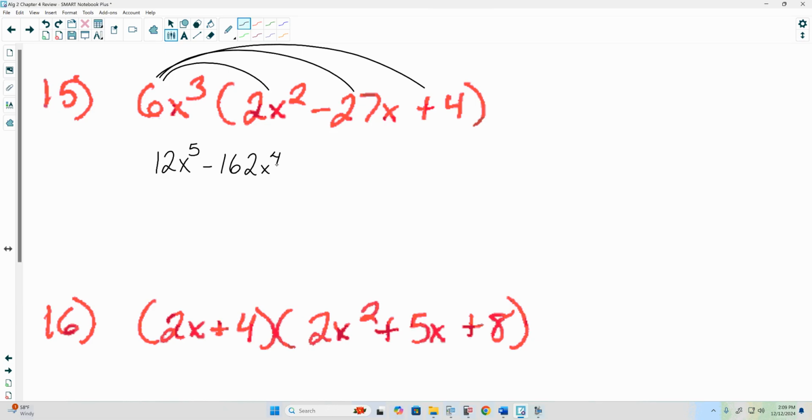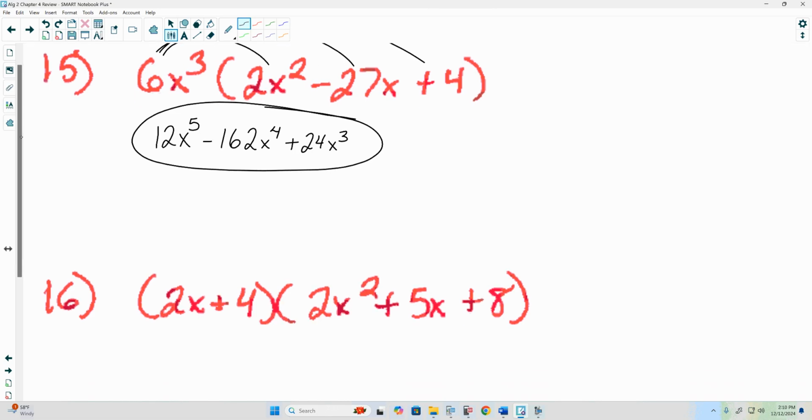And lastly, 6x cubed times 4. 6 times 4 is going to be plus 24, x to the third. Since we don't have any like terms, we're done. Questions on 15? Not too bad. We're ready to look at 16.